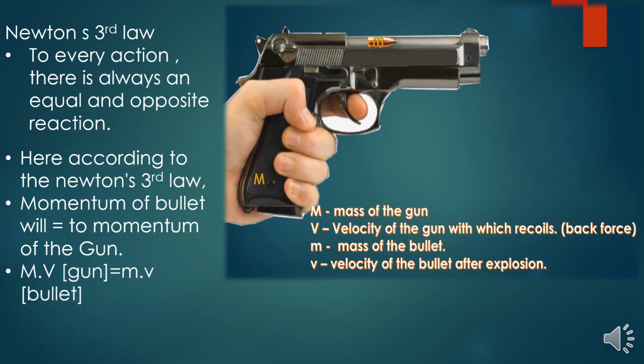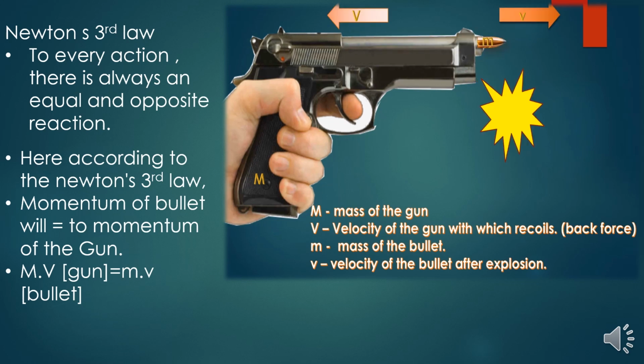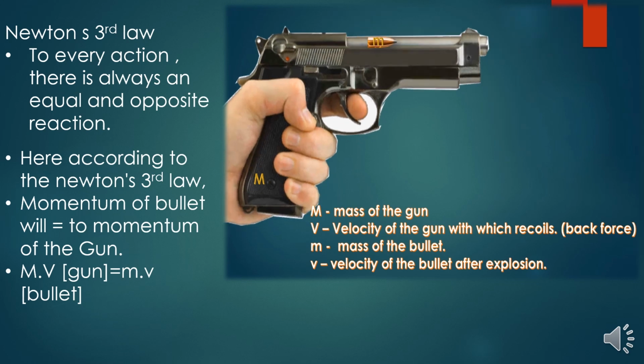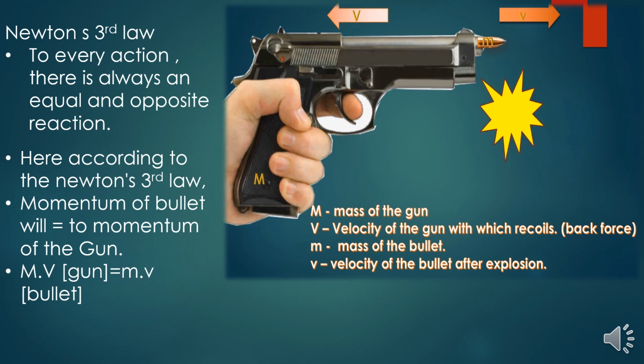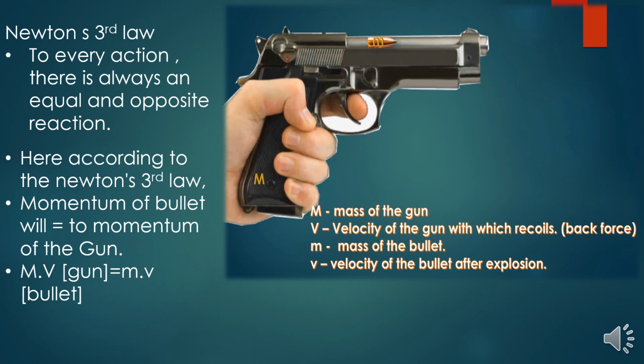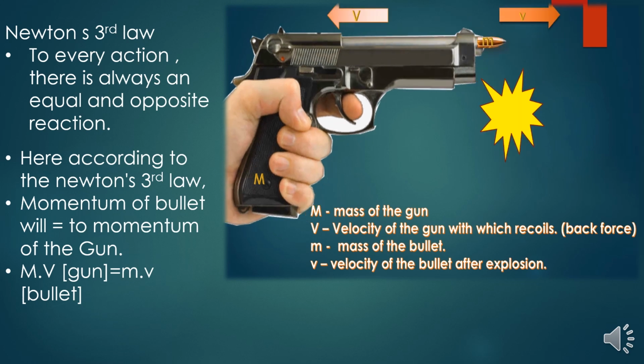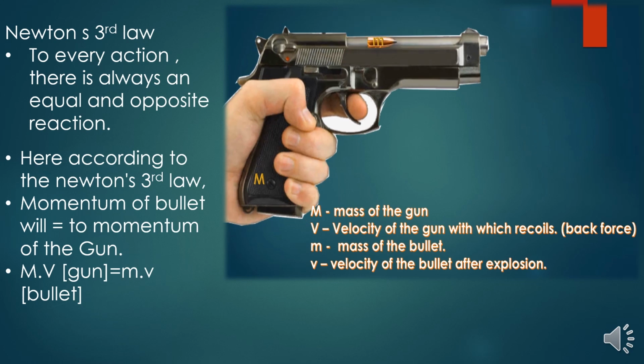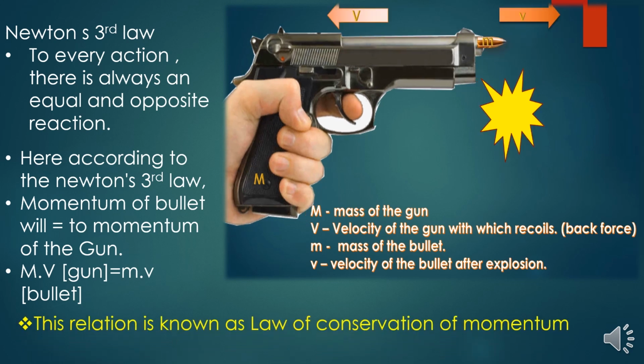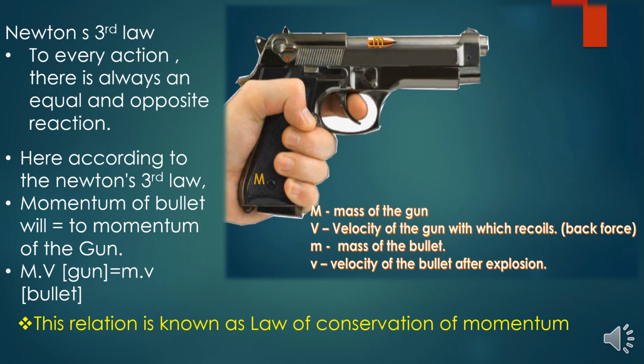So, mass of the gun multiplied by its velocity equals mass of the bullet multiplied by the velocity of the bullet. This relation is known as the law of conservation of momentum.